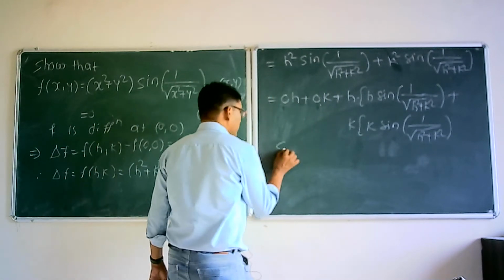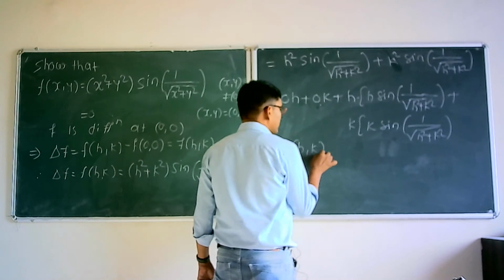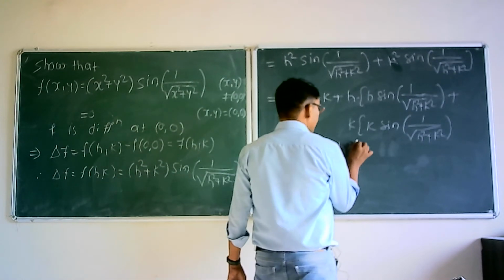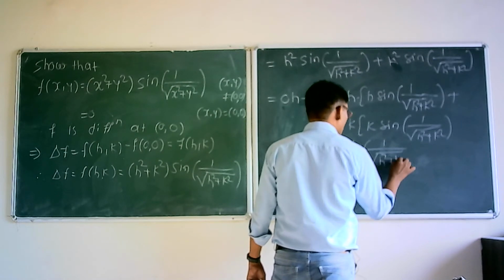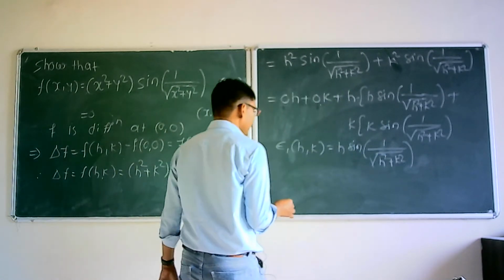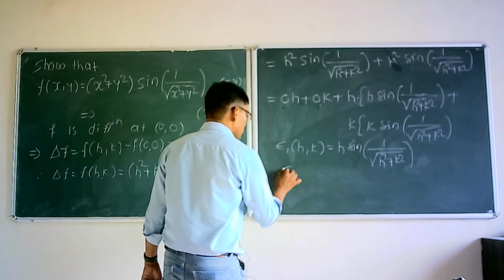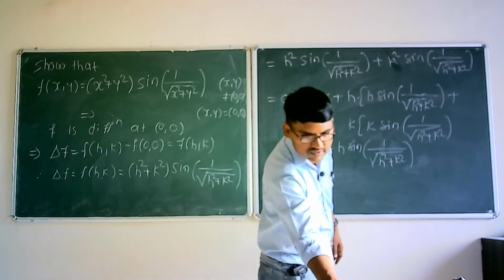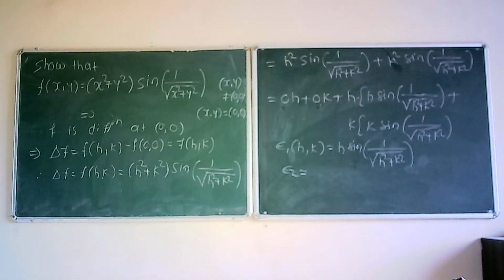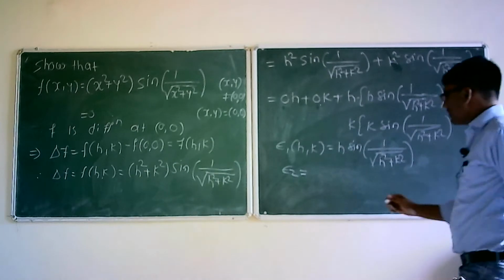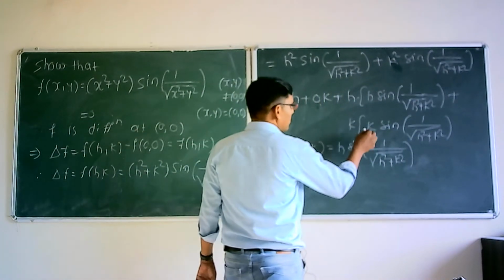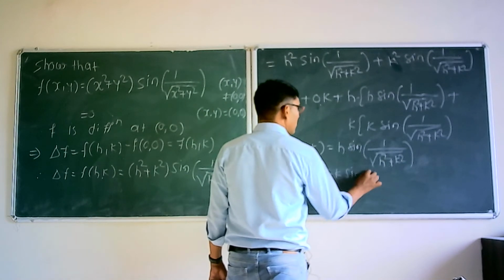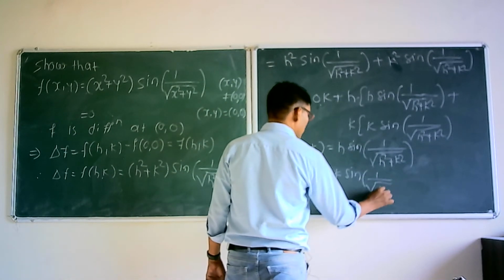So what is ε1(h,k)? ε1(h,k) is equal to h sin(1/√(h² + k²)), and ε2(h,k) is equal to k sin(1/√(h² + k²)).